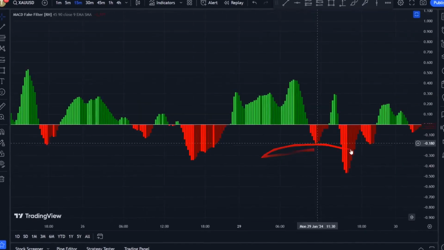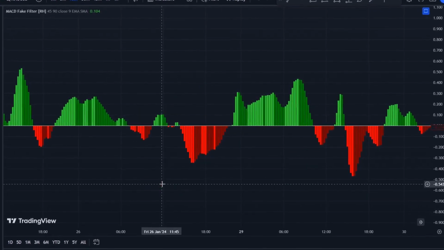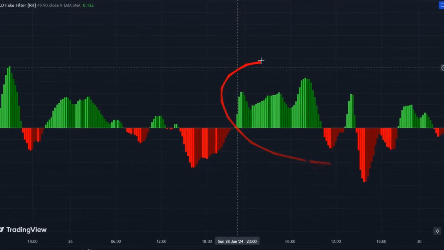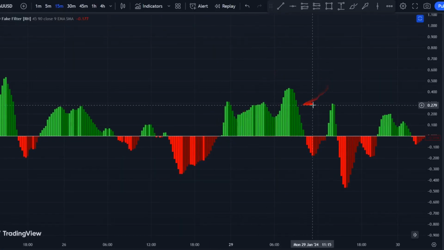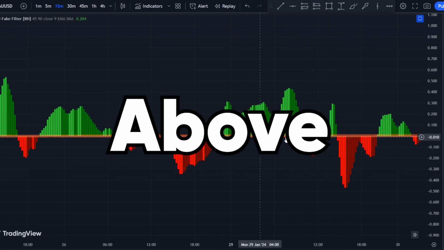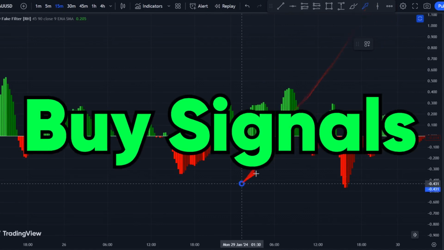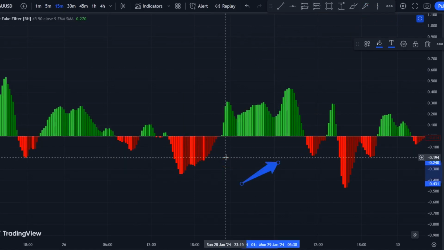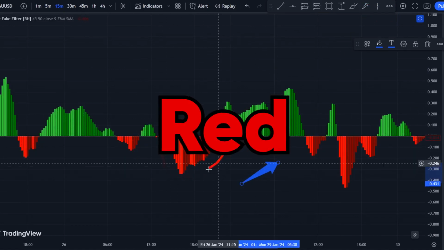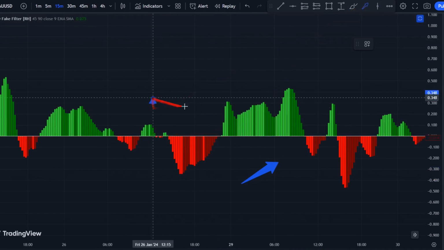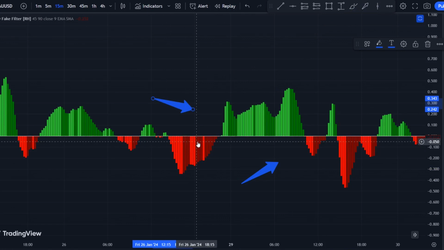Now that we have optimized the settings, you can see that this indicator provides us with good positions for analysis. If the histogram of this indicator is green and above the 0 line, it indicates an uptrend and can confirm our buy signals. Conversely, if the histogram is red and below the 0 line, it indicates a downtrend and can confirm our sell signals.